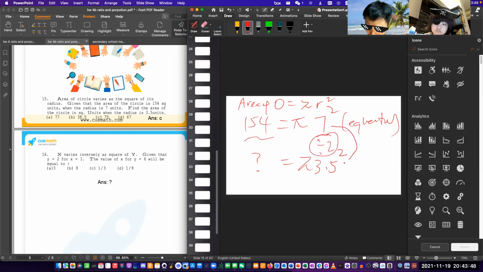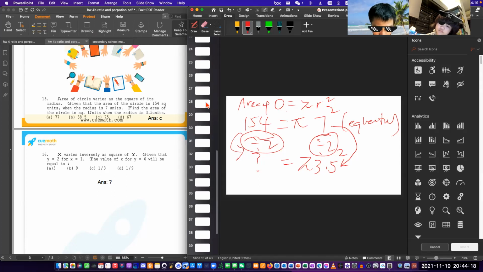From 7 to 3.5, right? So what do you think? Do you think the area will decrease? I mean, will shrink by the factor of 2 or more? 2. So you think the area will shrink by a factor of 2 as well? Yeah.